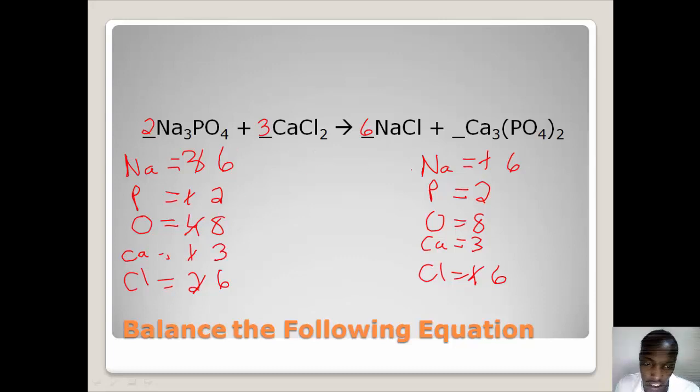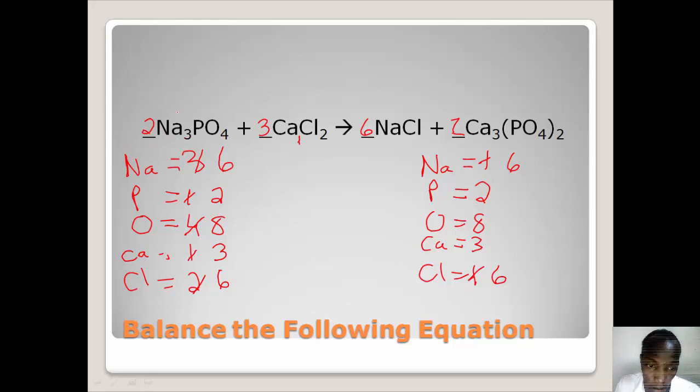Alright, 6 and 6, 2 and 2, 8 and 8, 3 and 3, 6 and 6. So remember that you take the coefficient and you multiply it by the subscript. Remember, if it doesn't have a subscript, that means that it's automatically 1. If it doesn't have a number in front of it, that means it's automatically a 1. But everything else is just multiplying.